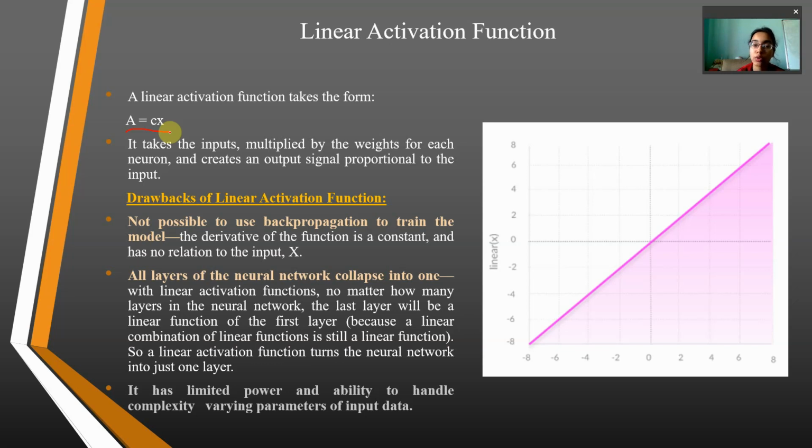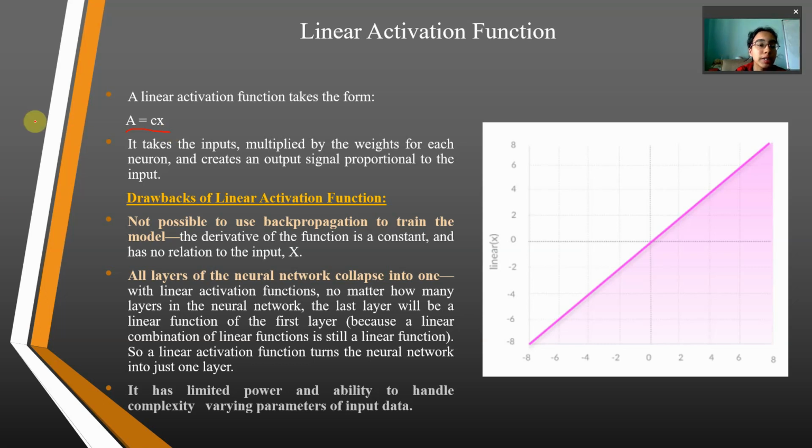So in that weight updation formula there is a partial derivative term, right? Because the formula is Wn new equals Wn old minus the learning rate into the derivative of the loss function with that particular weight. So this derivative term cannot be found out using the linear activation function.